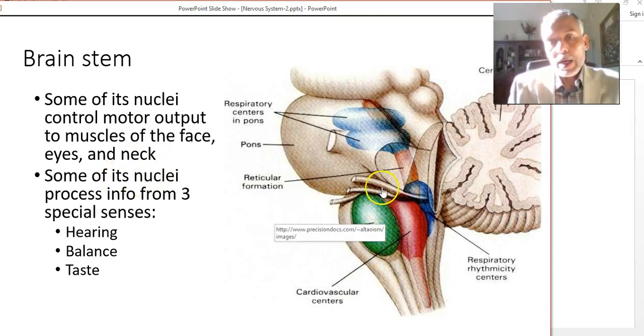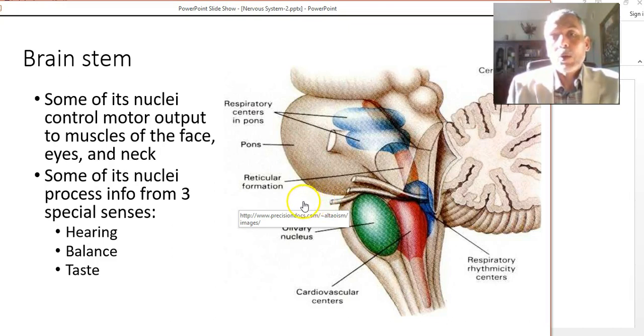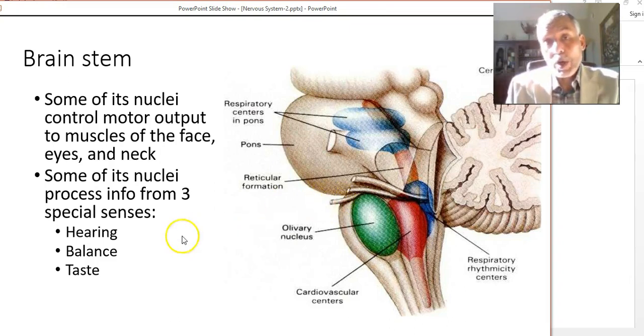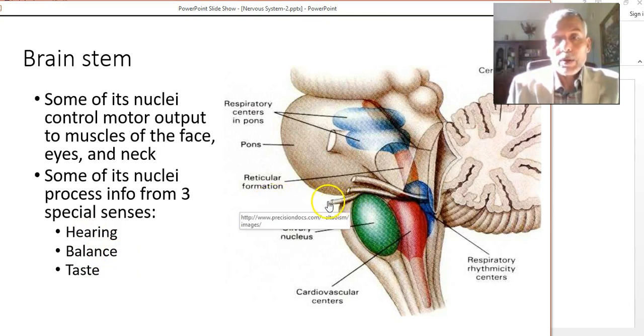Some of the nuclei in the brainstem control hearing, as the one that we studied, the auditory nerve here, and the vestibulocochlear nerve. Basically, the auditory nerve is part of it. So hearing and balance, cranial nerve 8, and then taste.